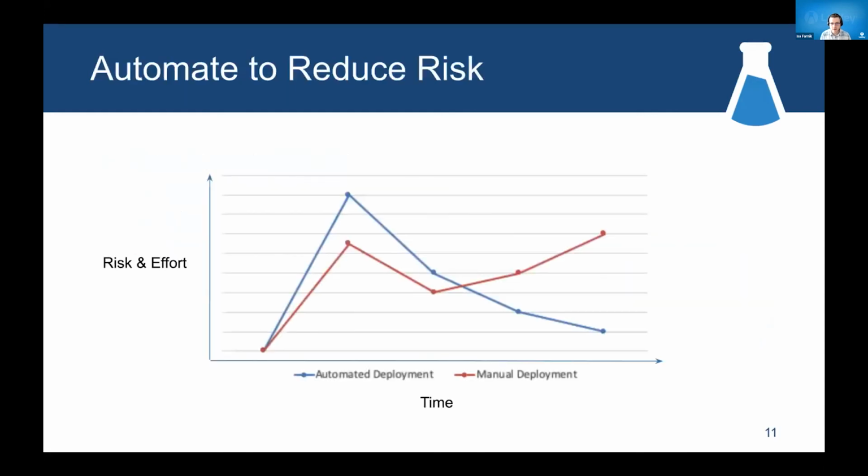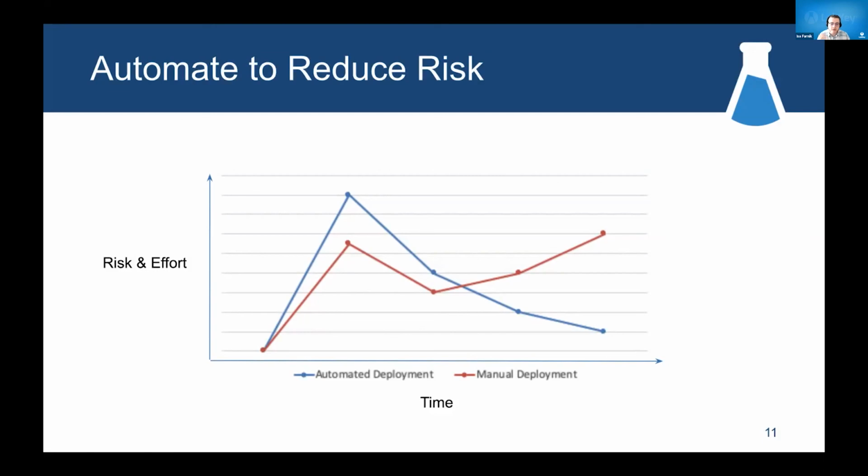So thank you. As we built the LabKey cloud hosting platform, it became clear to us that while it is possible to build and deploy a cloud environment manually, it becomes increasingly burdensome to maintain that environment over time. This graph demonstrates that while the initial effort is high to automate the deployment of the environment, the risk and cost of maintaining the environment thereafter actually decreases over time compared to a manual deployment that requires continual updates.